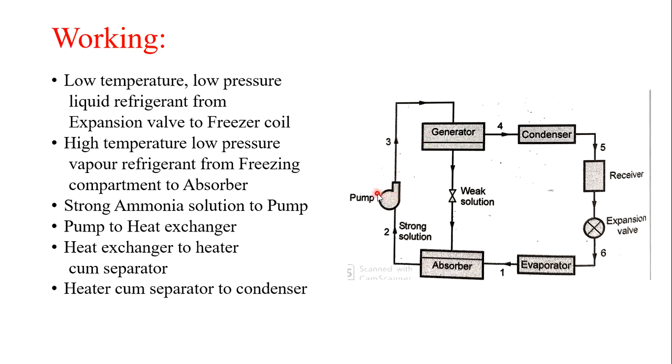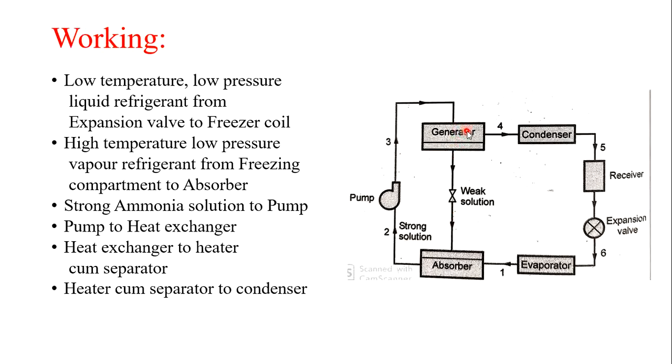It means the pump circulates the strong ammonia solution from absorber to heat exchanger. When the fluid enters the heat exchanger or generator, it warms up the solution, therefore it separates ammonia vapor and the remaining is weak ammonia solution. The weak ammonia solution can be reused in this cycle.